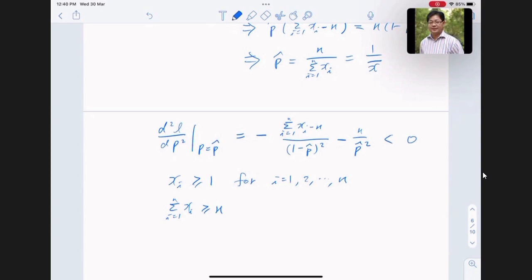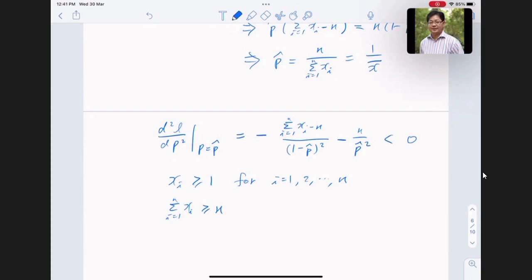Okay? Now, this is a crucial part if you want to verify that the solution of this equation is the maximum point. You need to check the second derivative. And when you check the second derivative, you will have an expression, and whether it's positive or negative will depend on a lot of comparison.